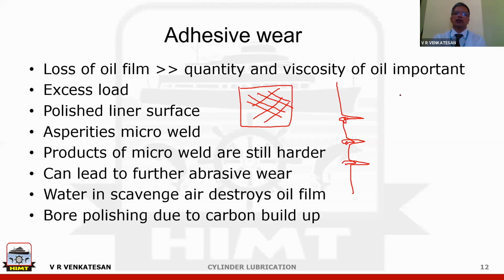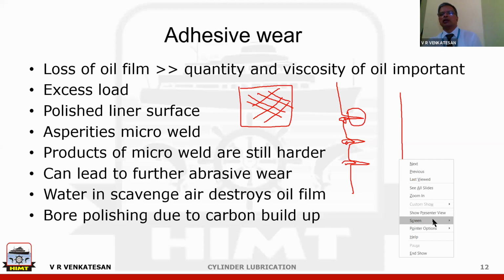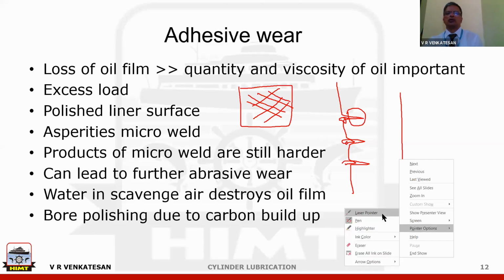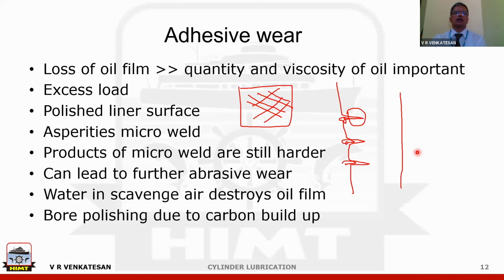Otherwise, if the entire surface becomes like this, without any of these valley parts, then it is difficult to maintain any oil film. That is why this is not good. A mirror finish is not good for a liner. So there's a manufacturing process called honing, and in many vessels, it is done in between also. During maintenance at intervals, the liner can be honed again with the honing tool, and you can create a pattern.